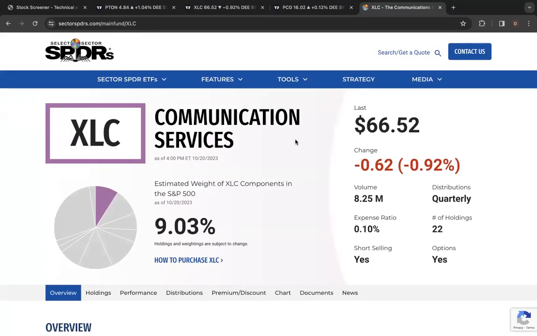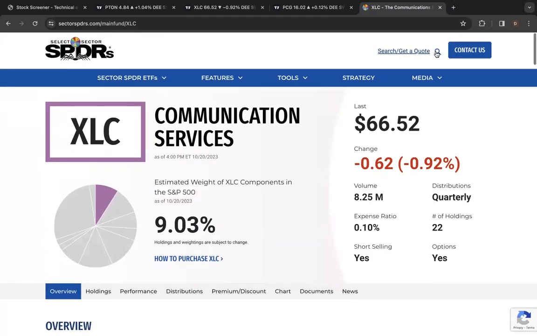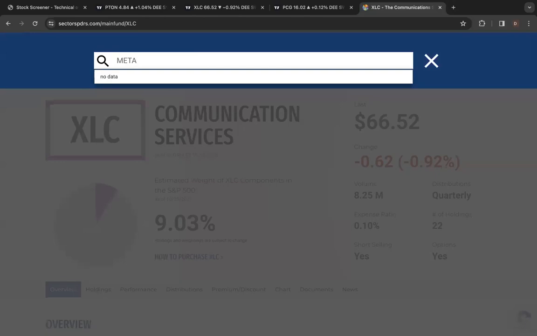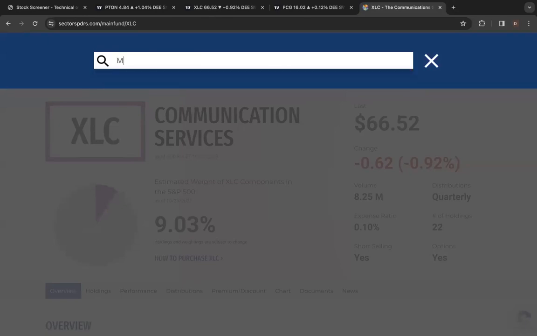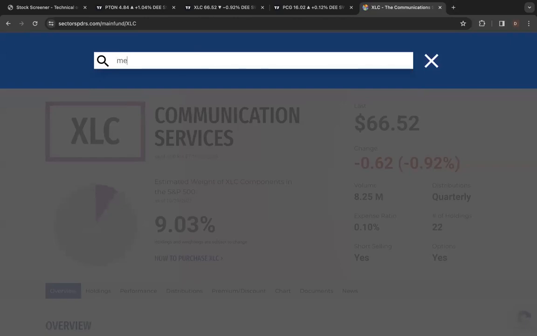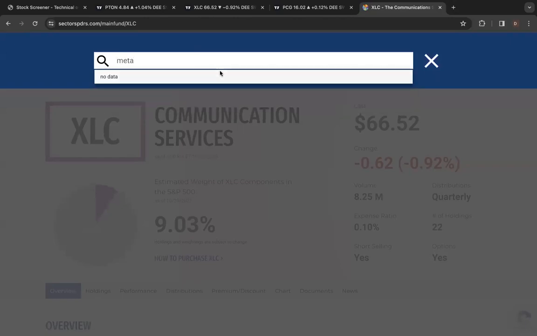If you want to see what sector a ticker is in, you could just come up here and search. So let's say we didn't know what Meta was in. We could just search Meta. What is going on? Okay, it doesn't want to let me.